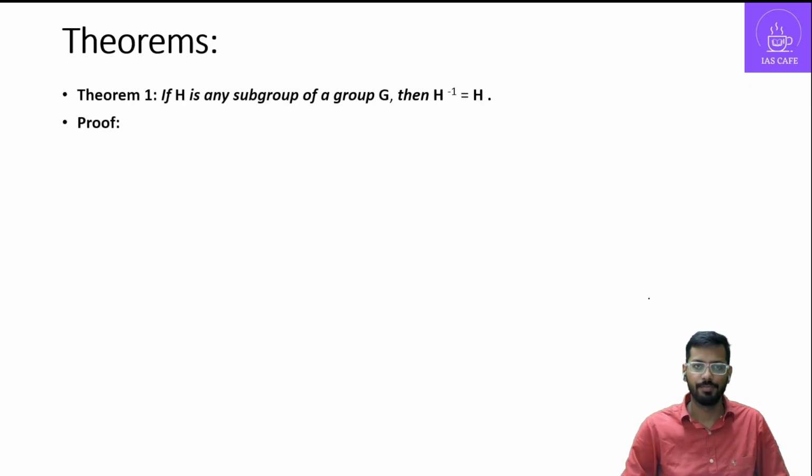Now we will take a few theorems of subgroup. These are the basic fundamental theorems of subgroup. The first is: if H is a subgroup of a group G, then H inverse is equal to H. That we have to prove.